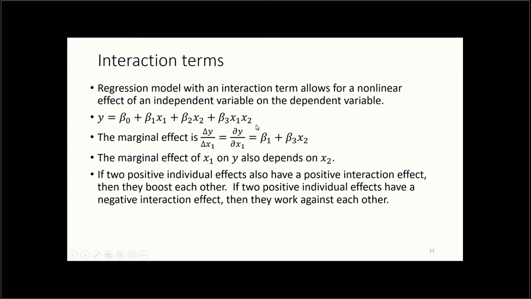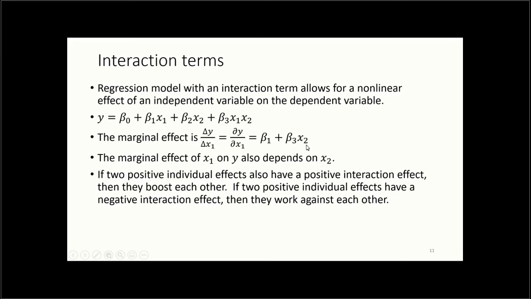Notice that the marginal effect of x1 also depends on x2. So with quadratic terms, the marginal effect of a variable on the dependent variable depended on its own value. But right now we have it depending on another independent variable.